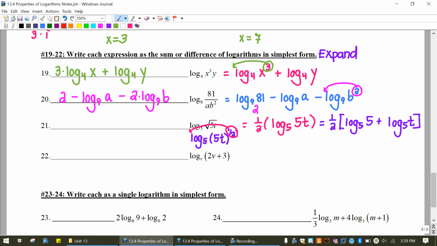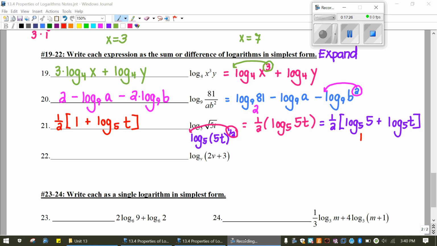One other thing that can be done right here: log base 5 of 5 is 5 to what power is 5? That's a 1. So the complete simplification here, if you want to keep it with these brackets, you can do 1/2 times 1 plus log base 5 of t.